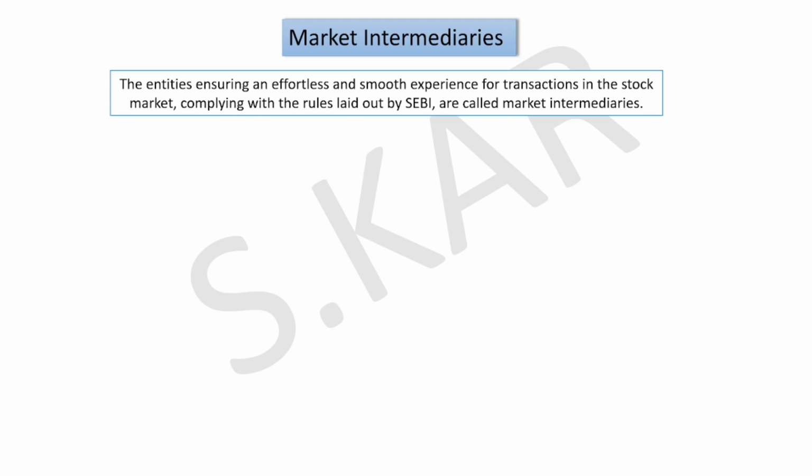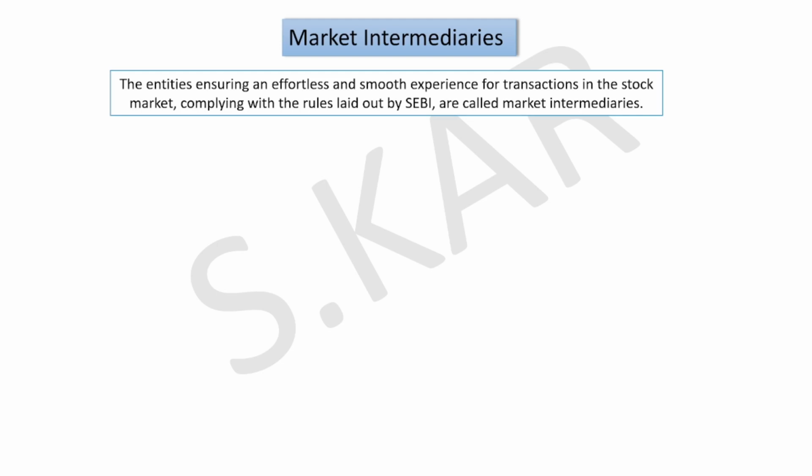So what is the job of market intermediaries? Their job is to ensure that every buy and sell, every transaction that happens in the stock market, should happen in a seamless and smooth manner. That is the aim, that is the job of the market intermediaries.